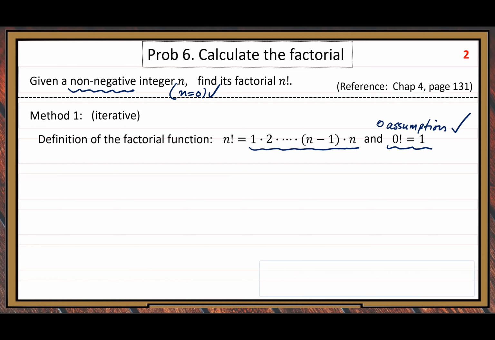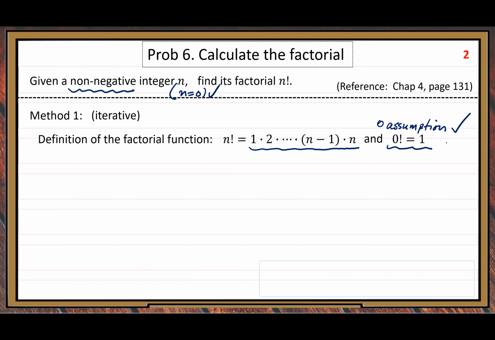This one is correct. No contradiction. Later we will see this assumption is correct. No contradiction. Okay, so that's the reason we can make this 0 factorial equals 1 assumption, compatible with all our logical reasoning.